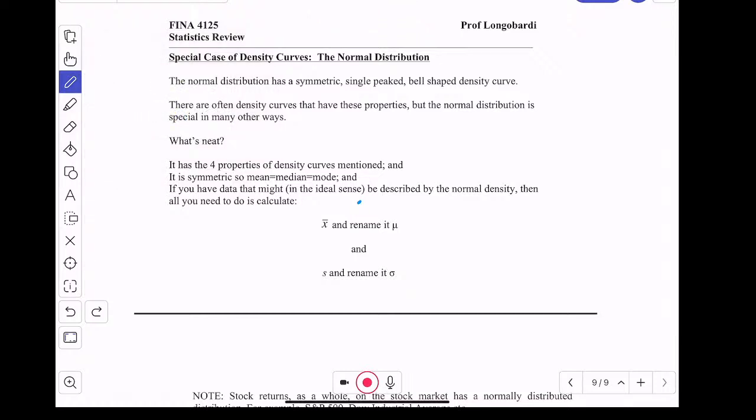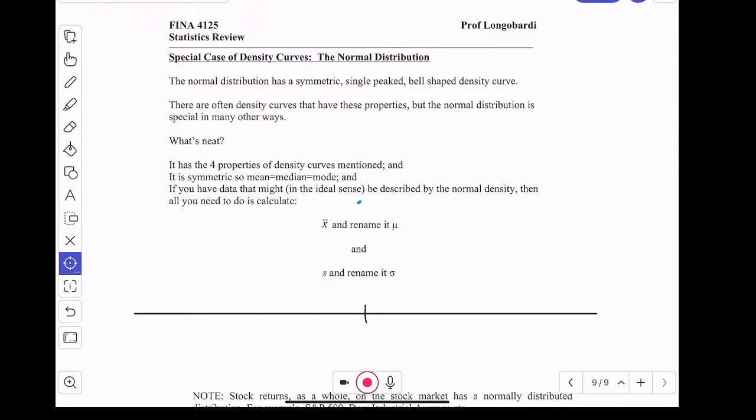So what we do is we plot in the center our mean. If we have a data set and we want to check if it is normally distributed, we would just calculate the sample mean and say, well, looking at the relative frequency histogram, it looks symmetric and the mean, median, and mode are about the same.